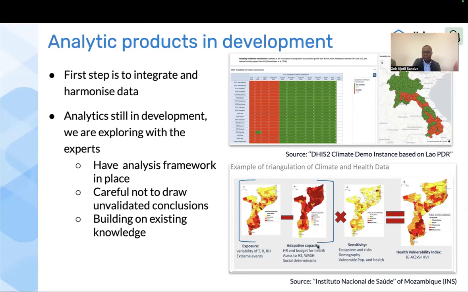And this is also a good example of triangulation that's coming from Mozambique. And so we think that there's a lot of learning and building on existing knowledge. And when we get this, we could also put it within the resources that we can share with other countries.